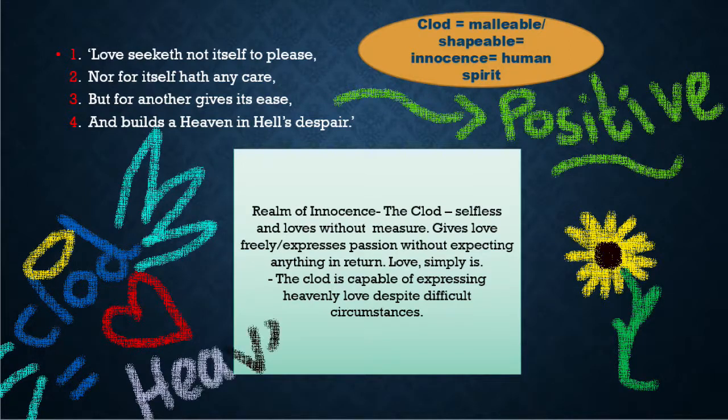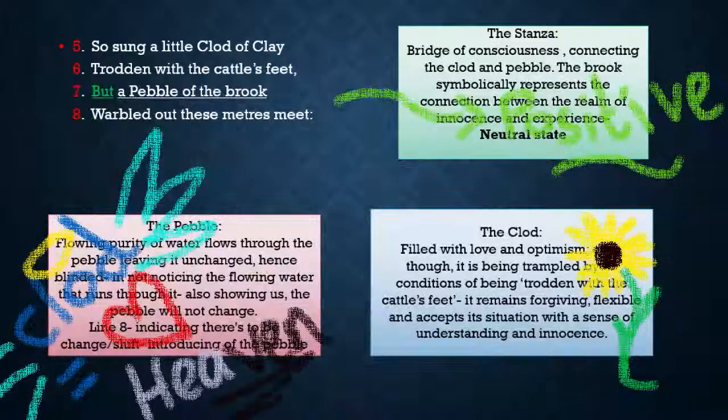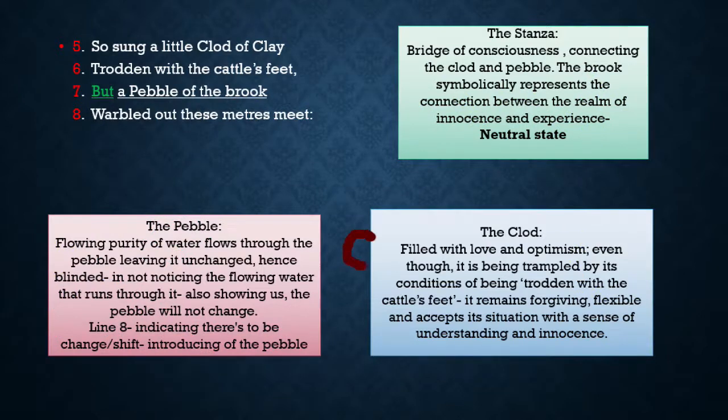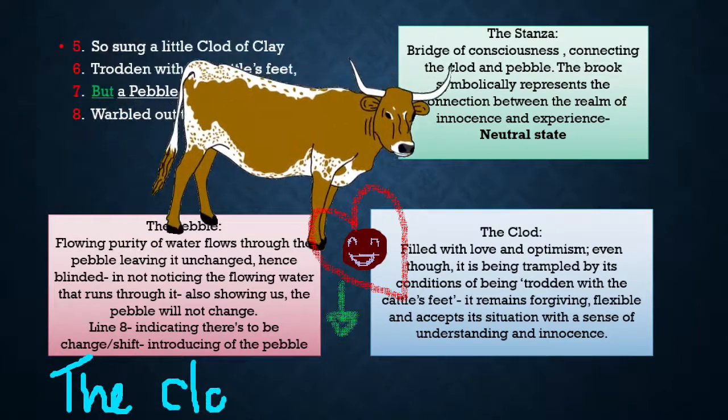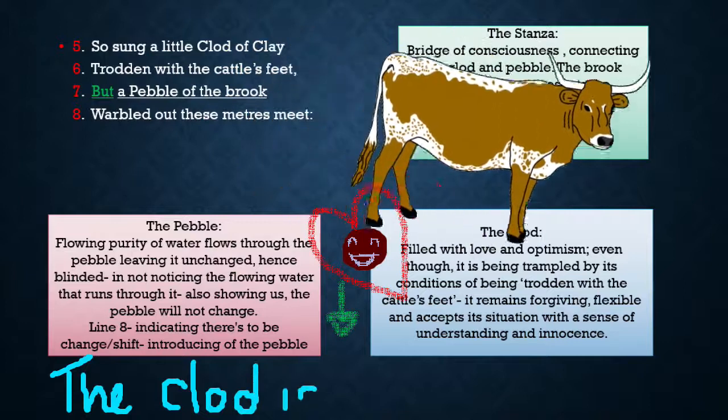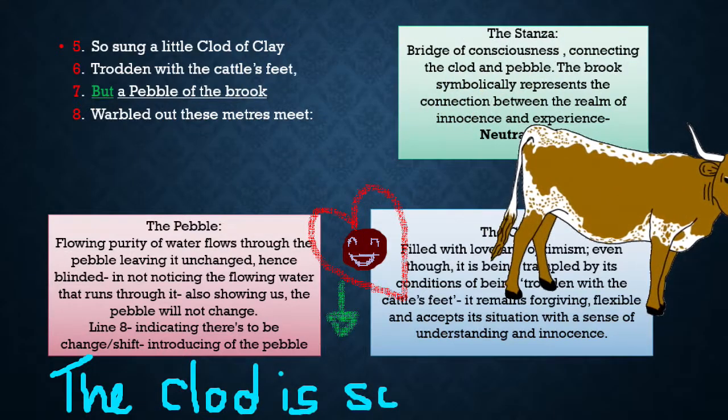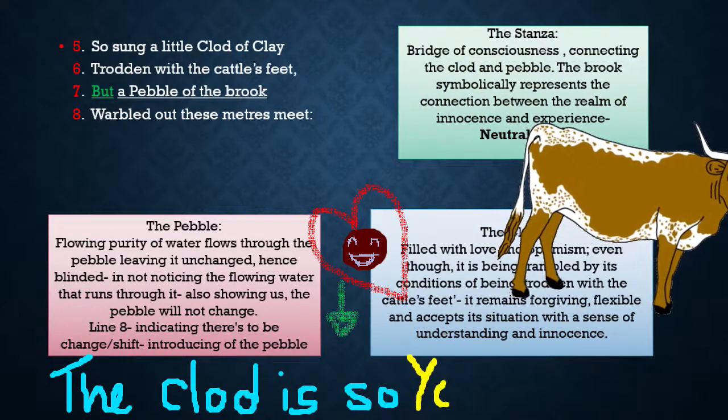And we will see these difficult circumstances in the next lines. So sung a little clod of clay, trodden with the cattle's feet. Trodden with the cattle's feet, giving us the idea that the clod is in a state whereby it is being trampled by the cattle's feet.